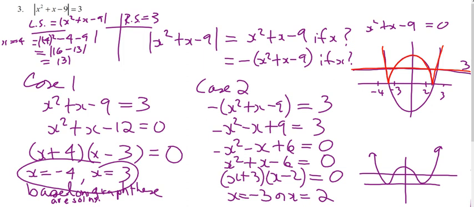Then with negative 3, negative 3 squared is 9, minus 3, minus 9 is 0, and then you've got the negative 3, so the absolute value is 3. With the 3, it's 9 plus 3 minus 9, which gives you 3. And with the 2, it's 4 plus 2, which is 6 minus 9, which is negative 3, but absolute value, so it's positive 3. So all of those work algebraically, a fairly easy verification.